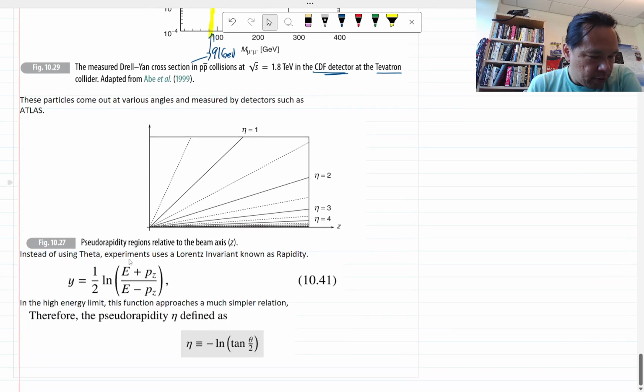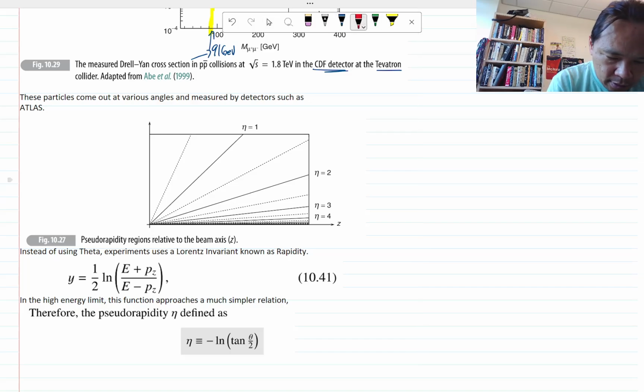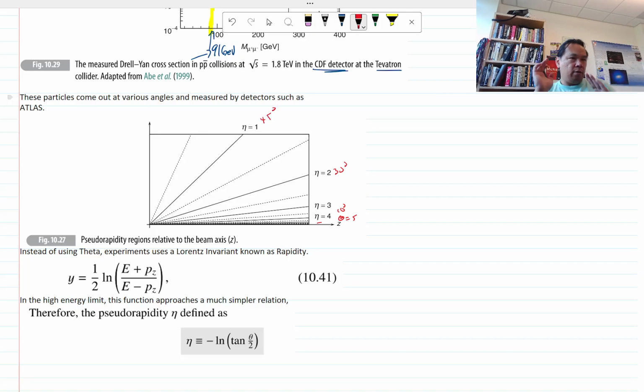Another useful variable, especially for those working on any LHC experiment, is called rapidity. In a lot of experiments, instead of using the angle theta, say 5 degrees, 10 degrees, 30 degrees, or 45 degrees, what happens is that the angle theta doesn't correspond to a Lorentz invariant quantity.